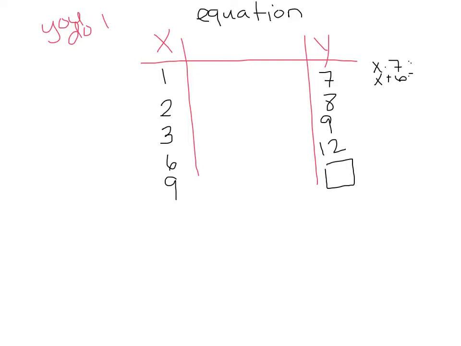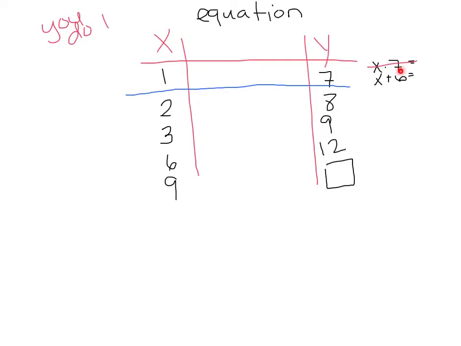So let me look at the next line and see which of these still stays true. If x times 7 here and x is 2, 2 times 7 is 14, not 8. So that doesn't work. Cross that off. If I had x plus 6 and x is 2, 2 plus 6 is 8.